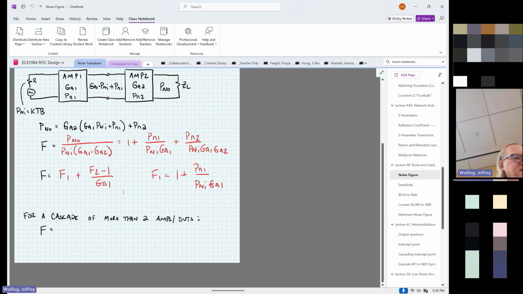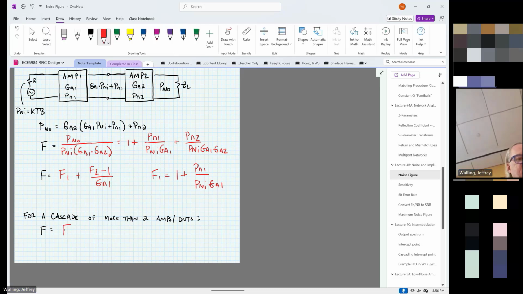What we find if we have a cascade of more than two amplifiers, and I say amps here, but theoretically it can be any RF component, is that the cascading rules will look like so. The noise factor of the first stage is always included directly.